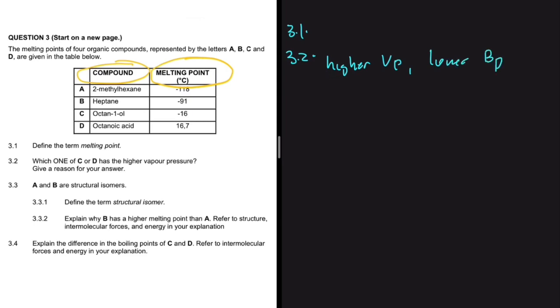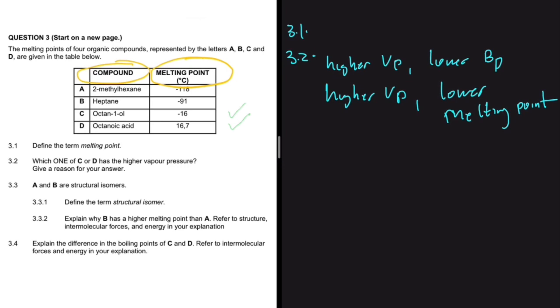The same is true for melting point. The higher the vapor pressure, the lower the melting point. So between C or D, the one with the lower melting point has the higher vapor pressure based on this relationship we're proposing.